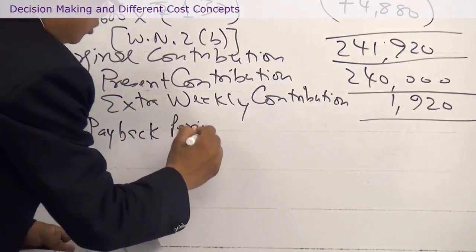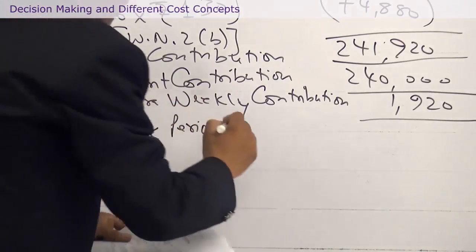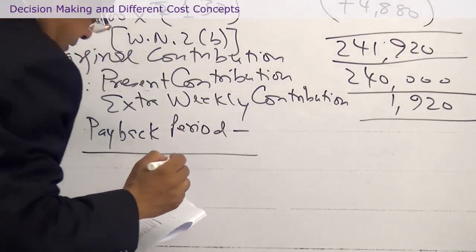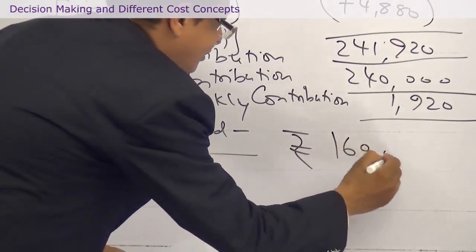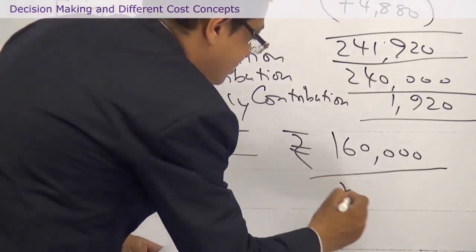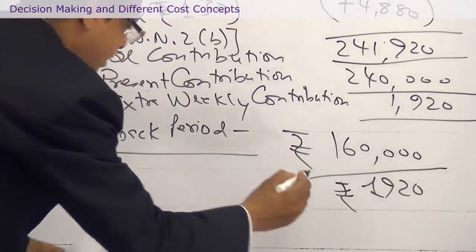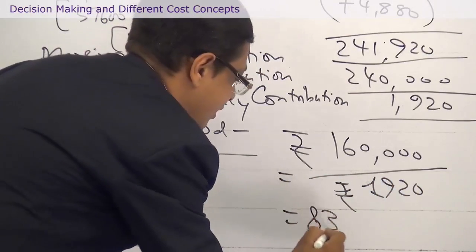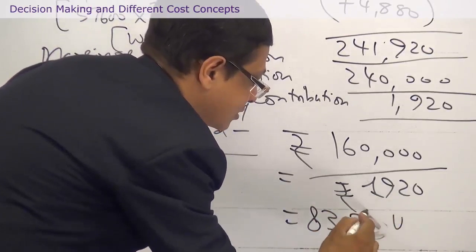Now payback period. This you wish to know the worth of the project. This is going to be rupees 1,60,000 and you divide it by rupees 1,920. Sorry. So this works out to be 83.33 weeks.